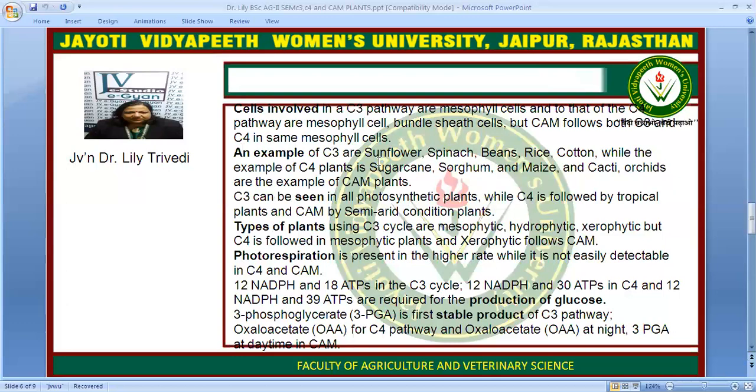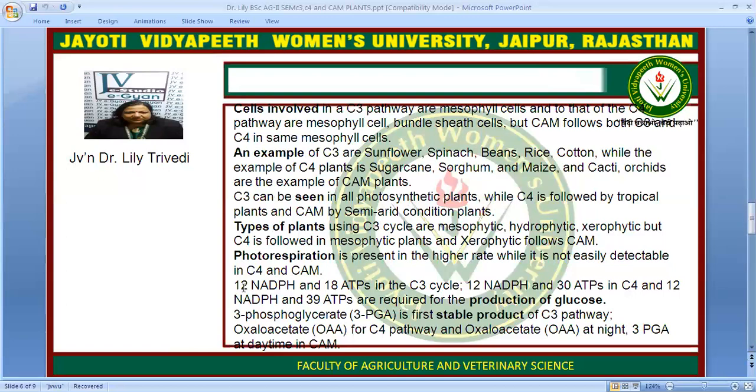Cacti and orchids are examples of CAM plants. C3 is seen in all photosynthetic plants, while C4 is seen in tropical plants, and CAM is seen in semi-arid conditioned plants. So C3 plants are mesophytic, hydrophytic and xerophytic, but C4 plants are only mesophytic and CAM plants are xerophytic. Photorespiration is also present at a higher rate in C4 and CAM plants.